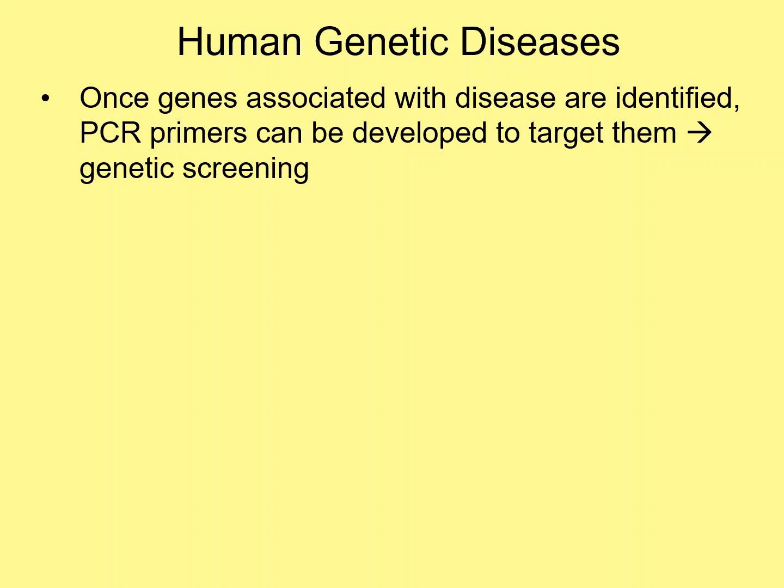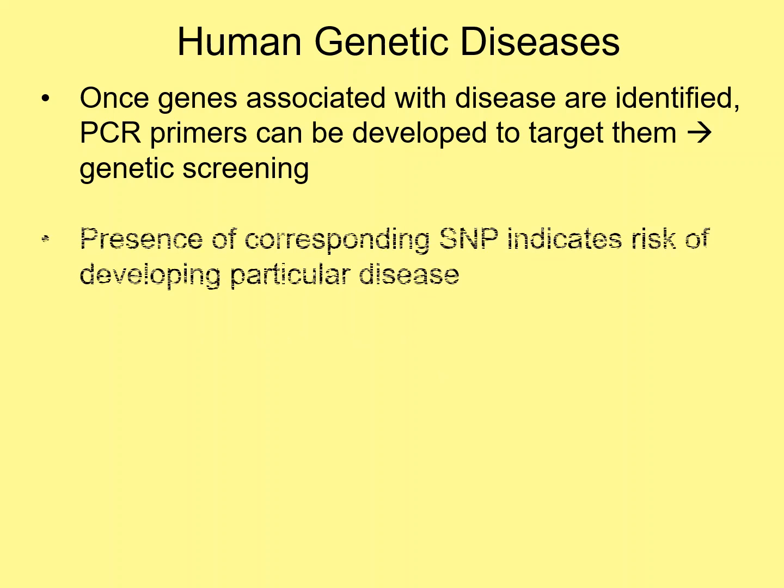Another reason to use genetic markers and to perform PCR, which is polymerase chain reaction, to amplify those DNA sequences, is to investigate the genes that are associated with diseases in humans. Once we've identified these particular gene sequences, and we have actually sequenced the entire human genome, finally, it took a while because it's big, through various types of studies, folks have identified genes that they think are associated with disease.